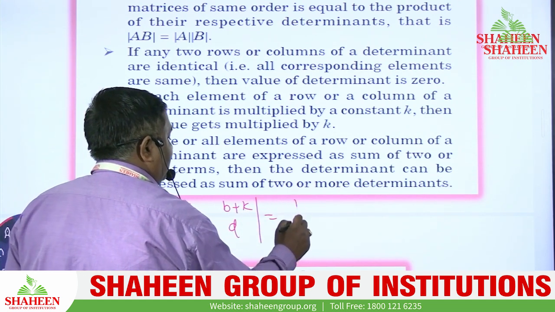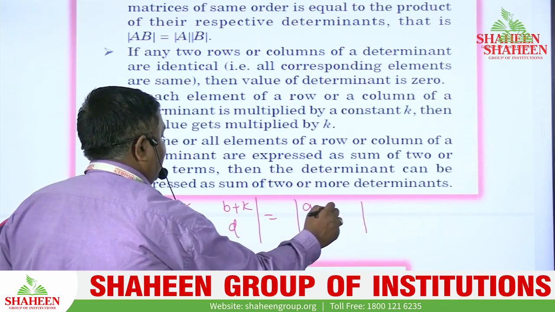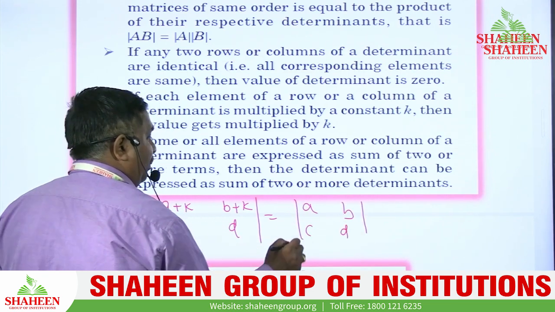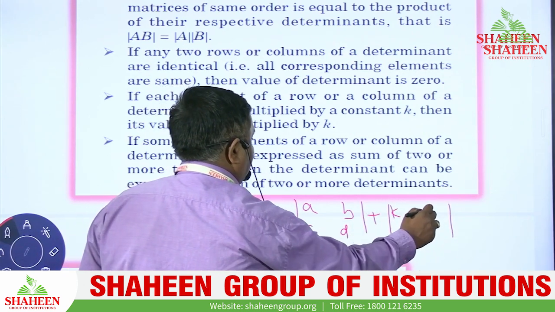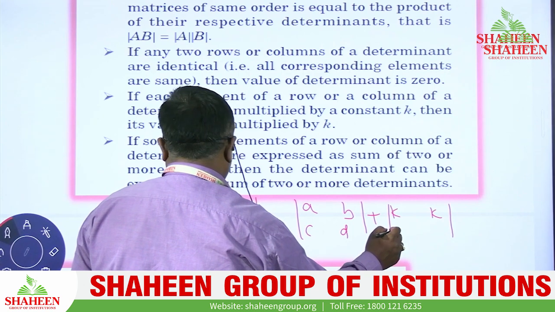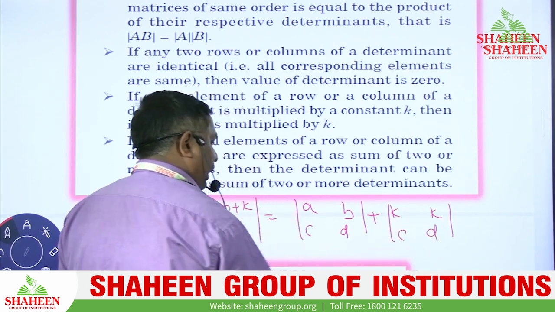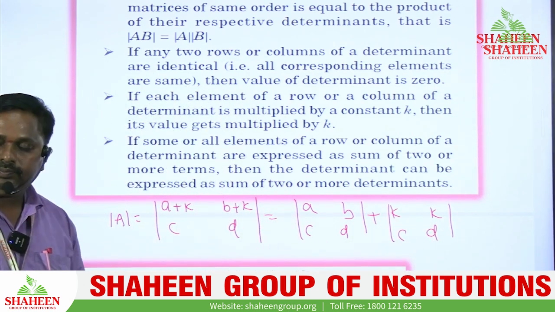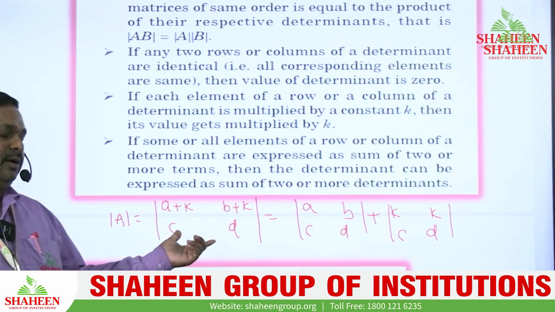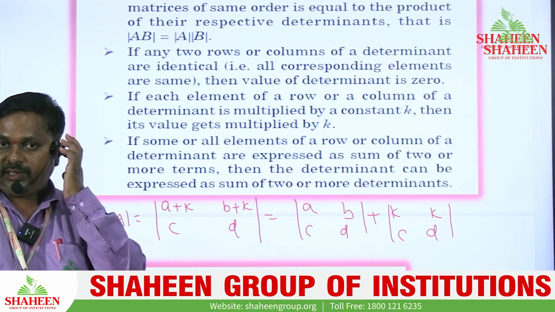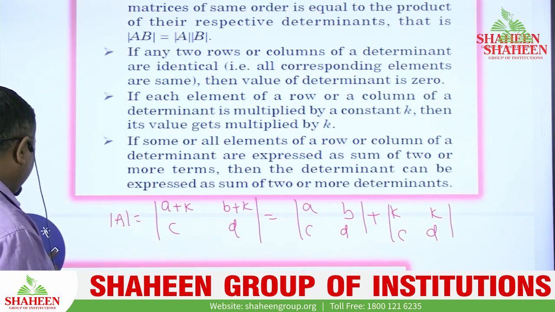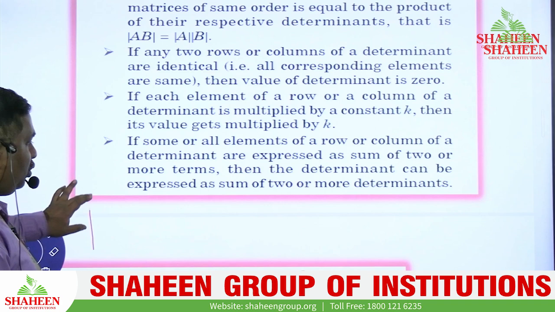The first determinant having A, B, C, D elements, and the second determinant having K, K and C, D elements in that. So this determinant is expressed as a sum of two determinants. I hope you understood this. Next, we'll move to the next point.